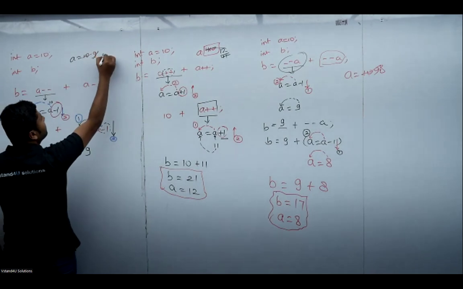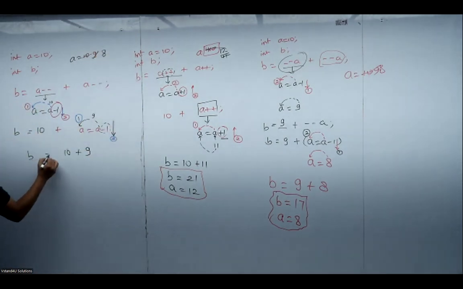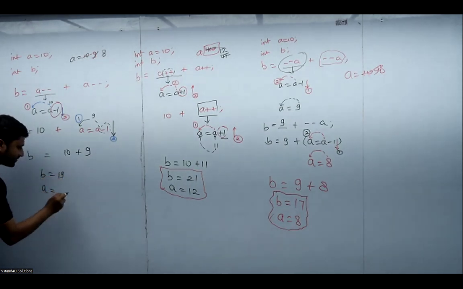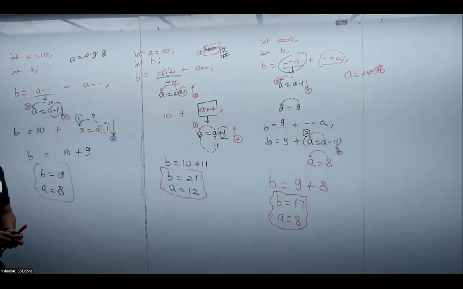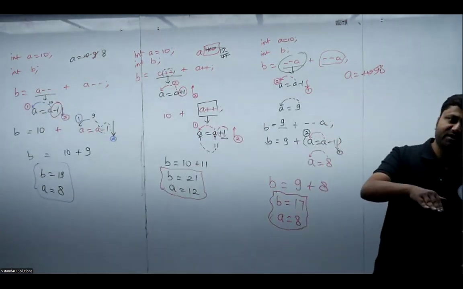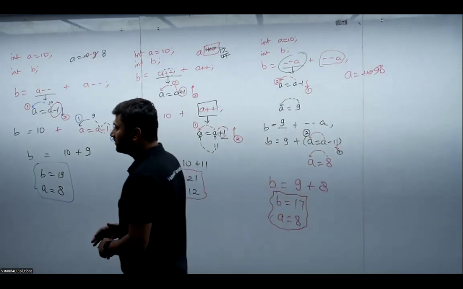So let me decrement, and this value is assigned into b. b becomes 19, a becomes 8. Done. All four parts: pre-incrementation, post-incrementation, pre-decrementation, post-decrementation. Online folks, everybody clear? Faster.